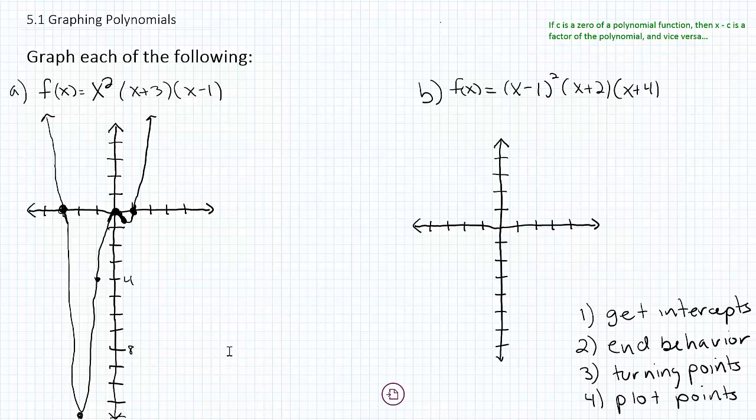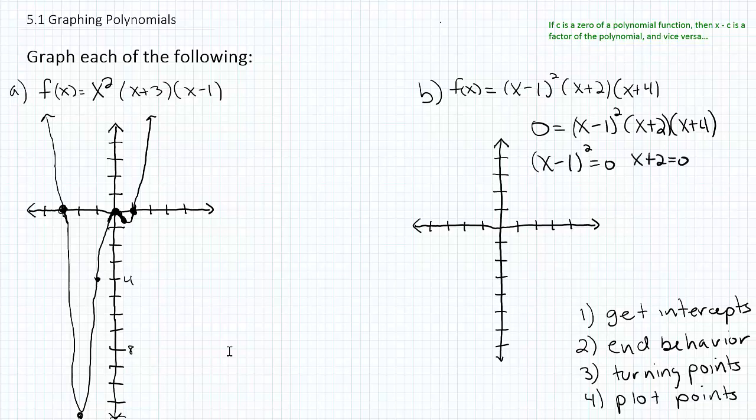So for the graph in B, we're going to do the same first step, which is to get the intercepts. So let's start by setting y equal to 0. So we'll have 0 is equal to x minus 1 squared times x plus 2 times x plus 4. And if you set those equal to 0 separately, you get x minus 1 squared is equal to 0, x plus 2 is equal to 0, and x plus 4 is equal to 0.